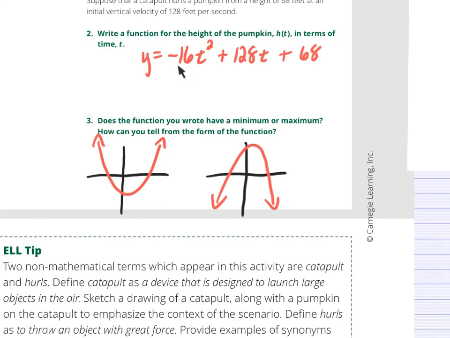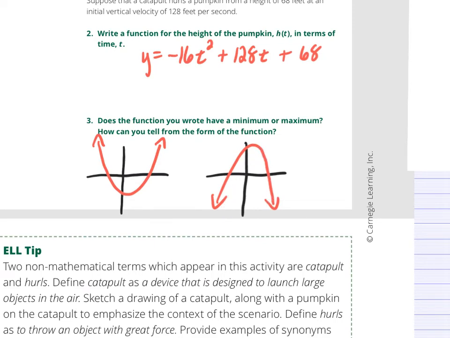But the a value, and again, the a value is the number in front of the variable squared, in this case t squared. The 128 is your b because it's in front of the variable. 68 is your c. So the a value is negative 16. If it's a positive a value, it's going to open up like this. But if it's a negative a value, it's going to open down like this.